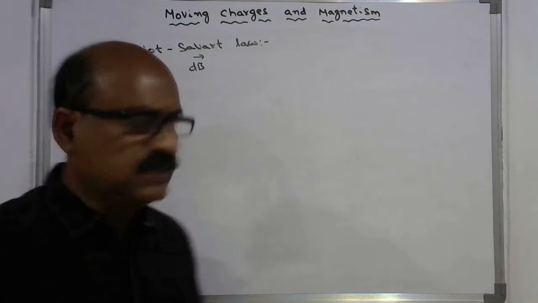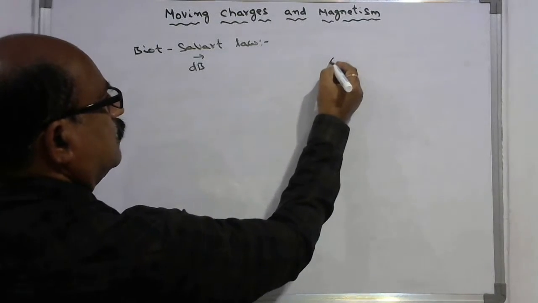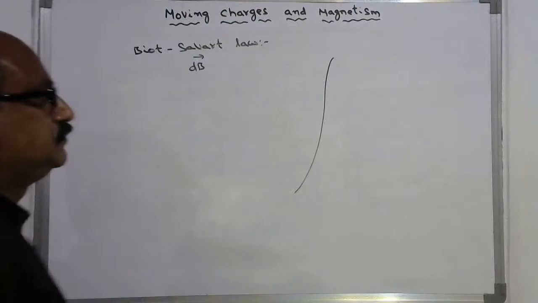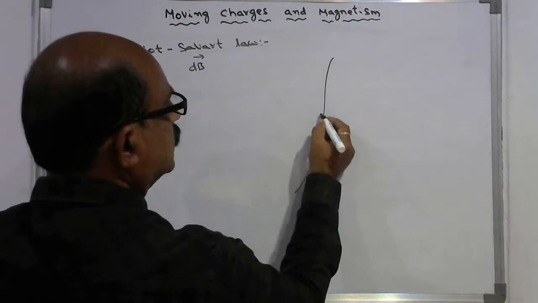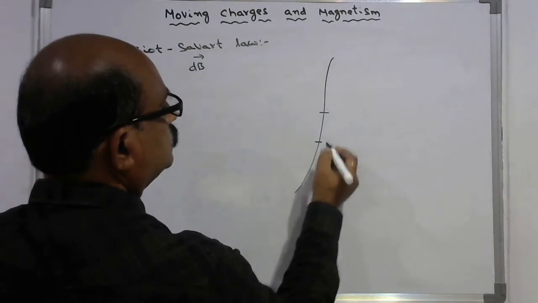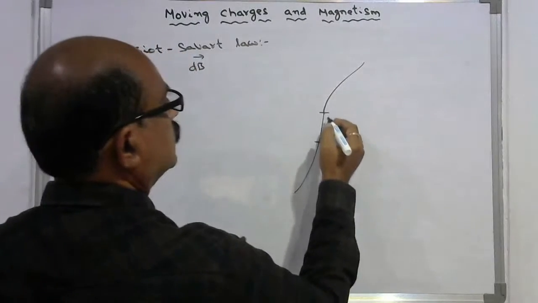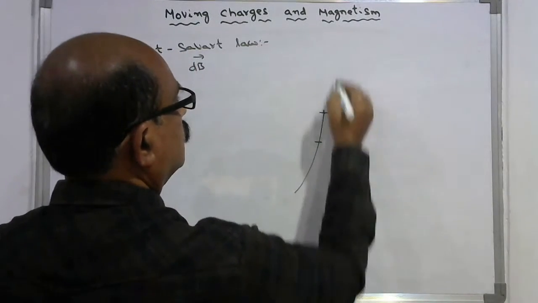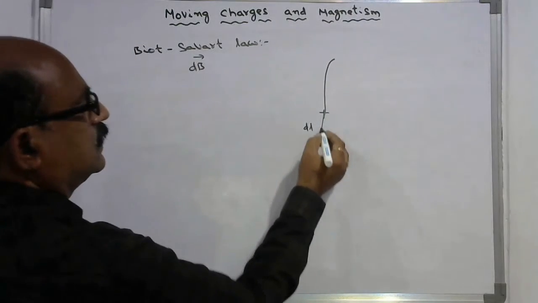For this, just imagine a thin, curved wire, and consider a small element here. Small element dl, current.